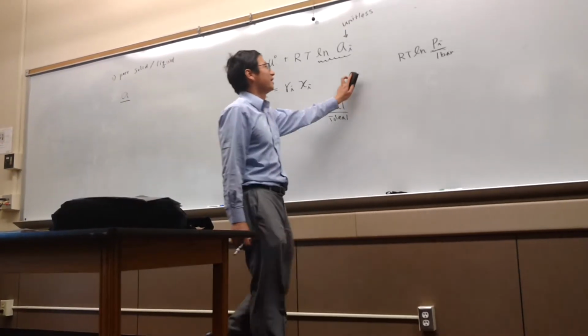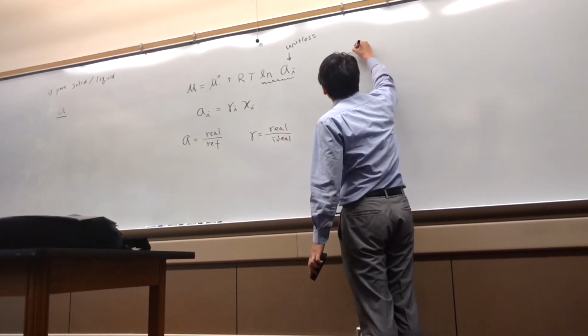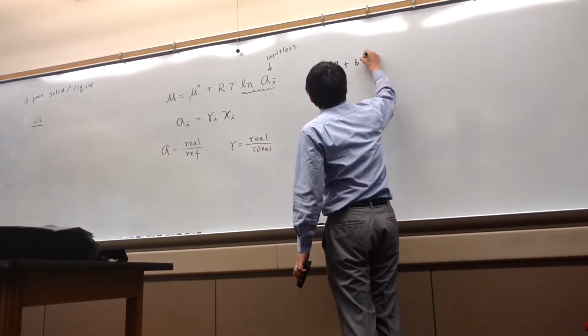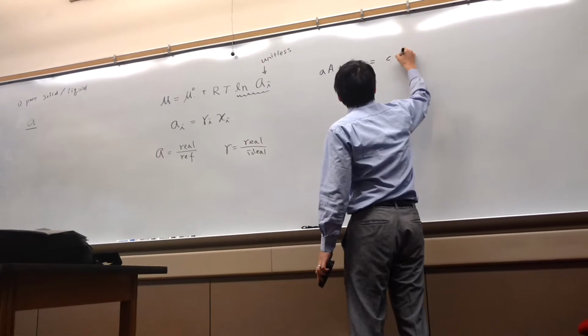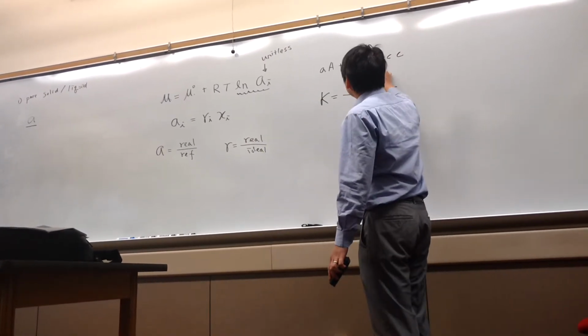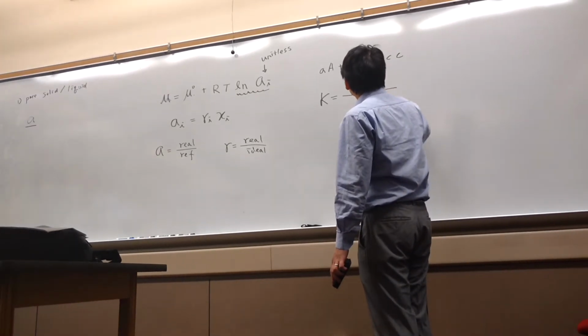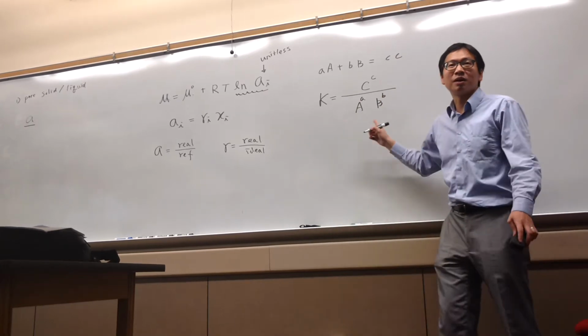Okay, typically it starts like this: you have a reaction A plus B equals C. Then your equilibrium constant is equal to C to the C's power divided by A to the A's power, B to the B's power.